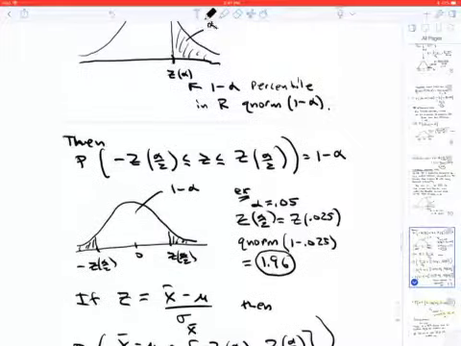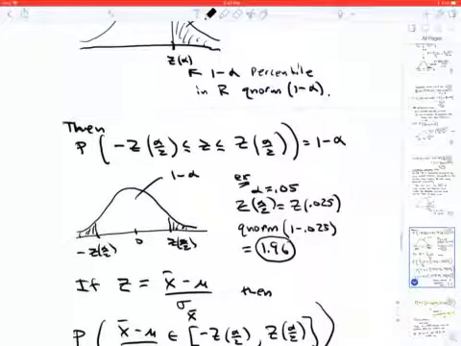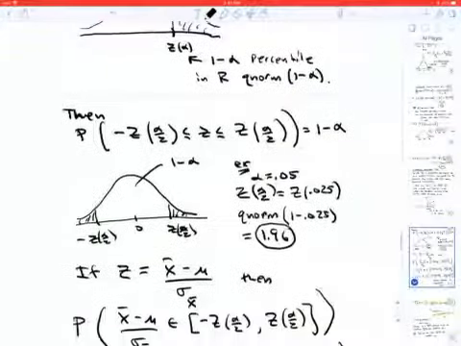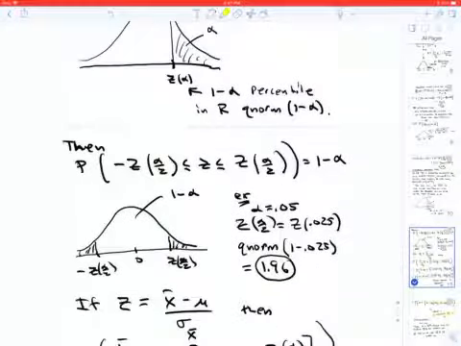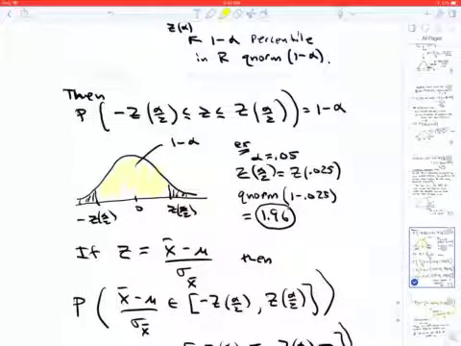Okay, so the probability under the standard normal curve that you're between minus Z alpha over 2 and Z alpha over 2, in other words, the chance that you are in here, is clearly 1 minus alpha. So as an example, if alpha is 0.05, you can verify using R that these cutoffs here are plus or minus 1.96.